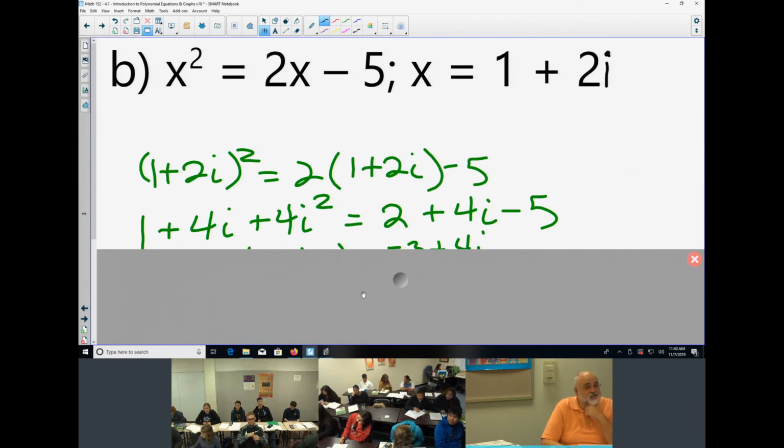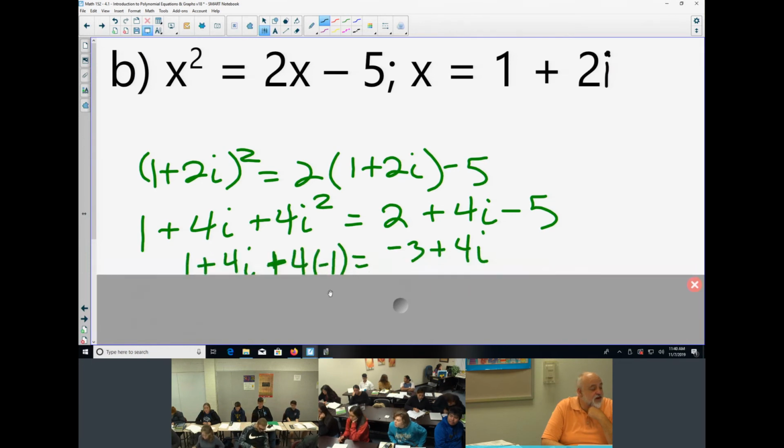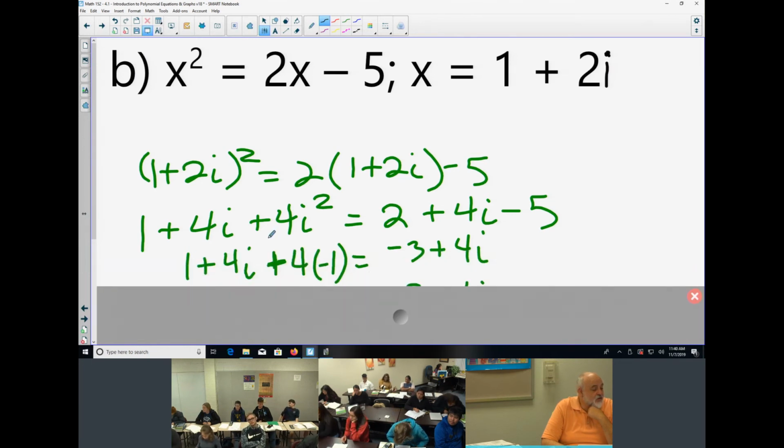All right, any questions on that step? All right, so now let's simplify. So remember, i squared is equal to -1. On the right, we can combine like terms. 2 minus 5 is -3.